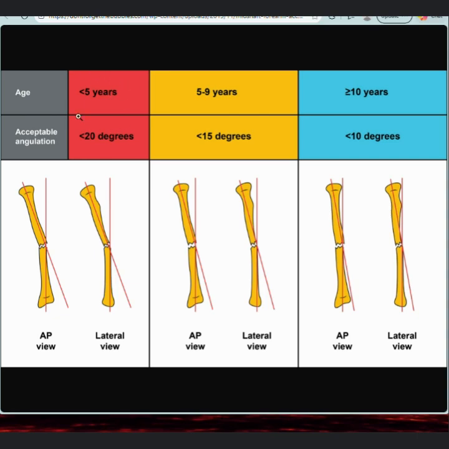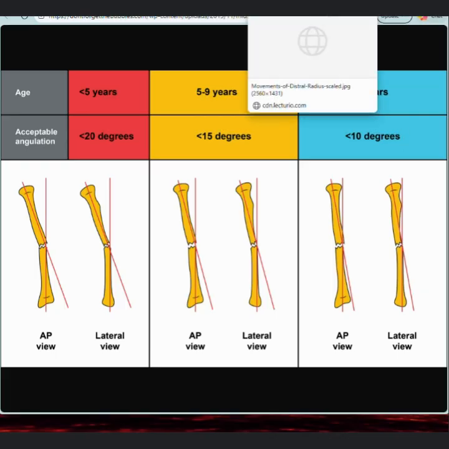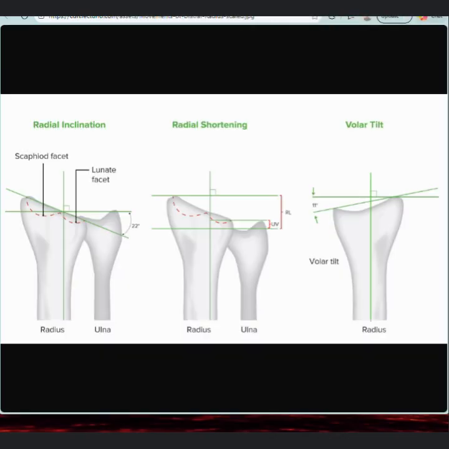So again, 5 and younger, up to 20 degrees of angulation; 5 to 9 years old, up to 15 degrees; and anybody over the age of 10, ideally less than 10 degrees of angulation. And going back to the literature, there are multiple studies that have shown the remodeling potential in these patients.